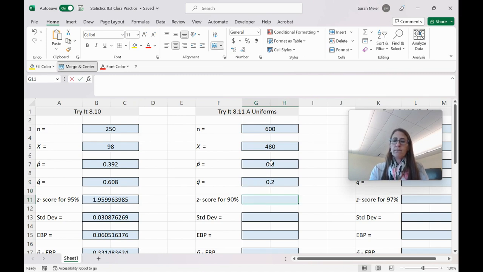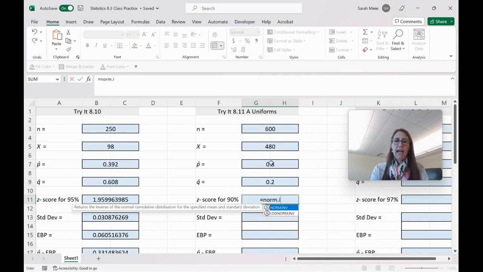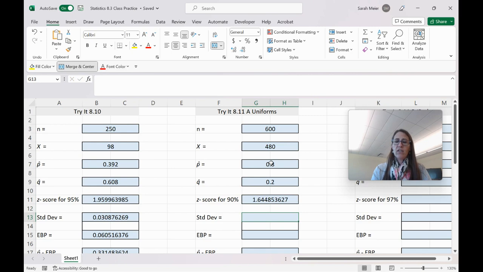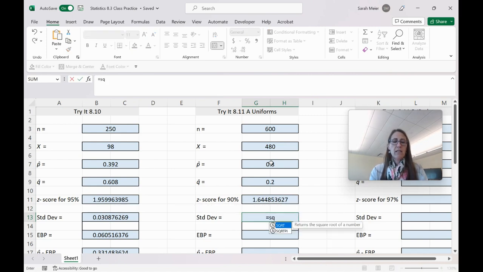Our z-score, norm.inv, 1 minus, so it's a 90% confidence level. So alpha is 0.1, so 0.1 divided by 2, comma 0, comma 1. And our standard deviation. So again, this is the square root of p hat times q hat divided by n.